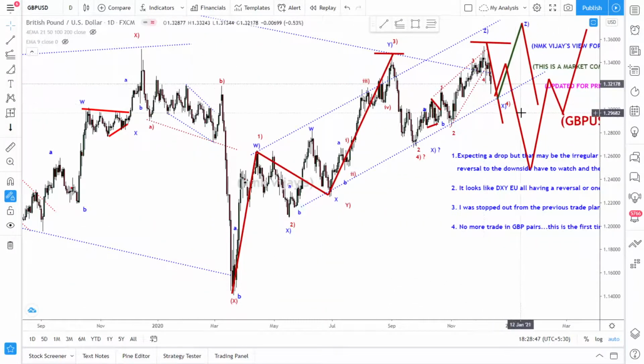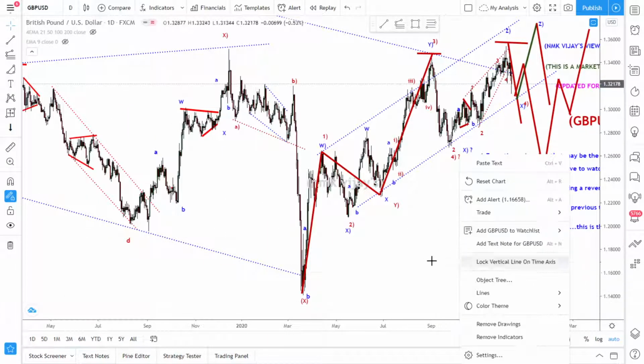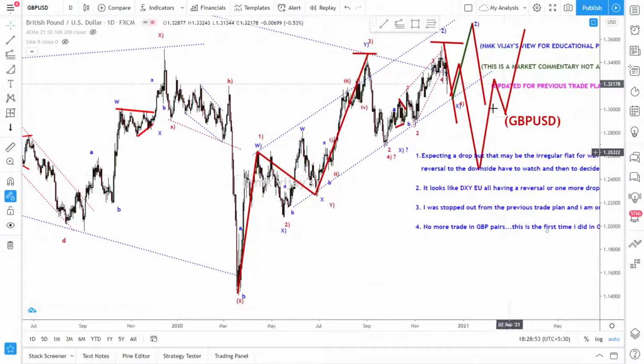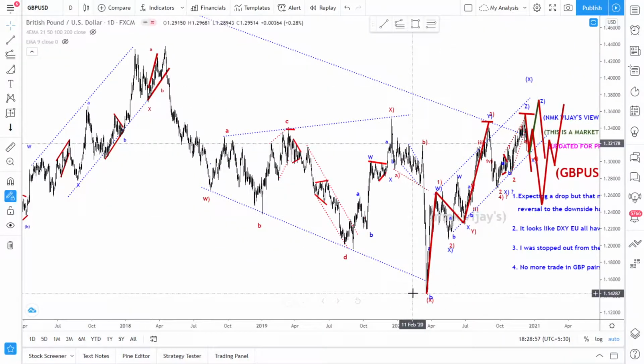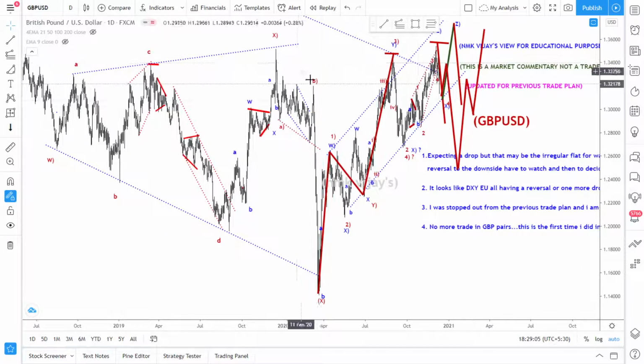Let's see whether it gives a confirmation for intraday or a little bit of swing trade. It's not for positional.